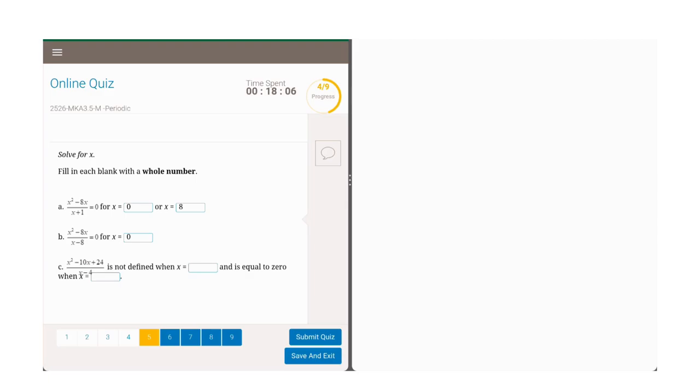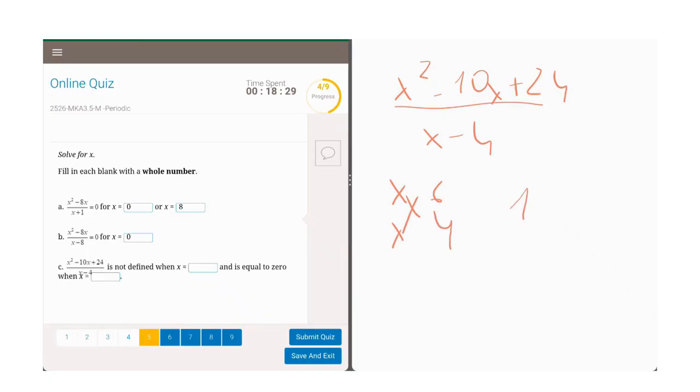Now for the next one, we have x squared minus 10x plus 24 over x minus 4. We have to find when it is not defined and when it is equal to 0. So we factor the numerator with box method, x and x, 6 and 4, cross multiply. So we have 6x and 4x.